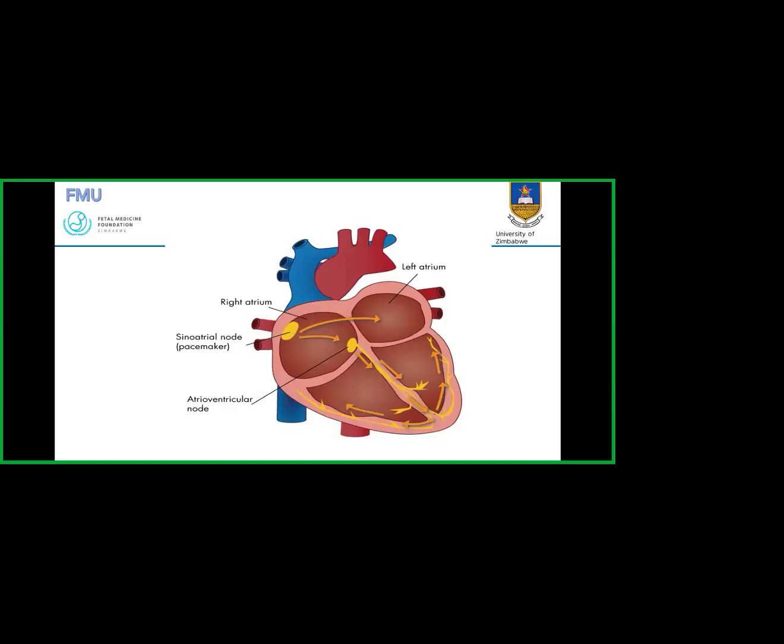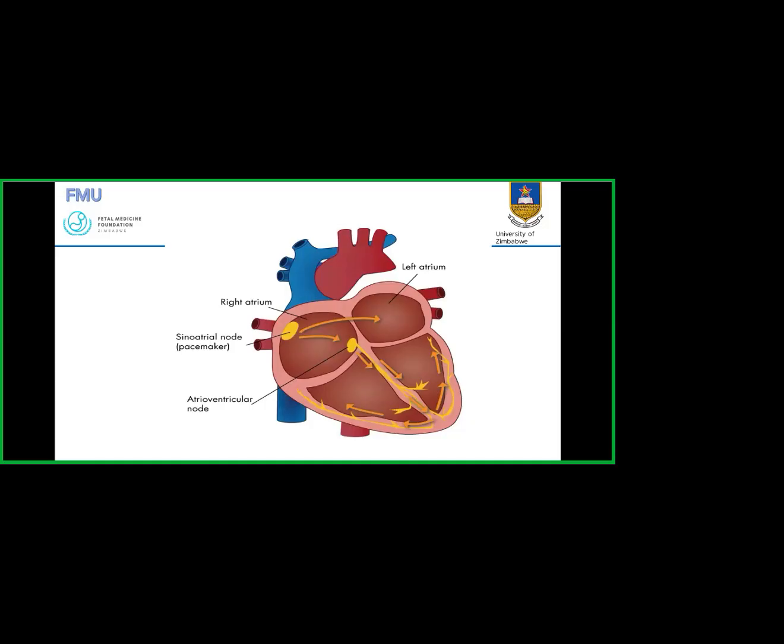In the developing fetus, initial beating is noted between 3 to 4 weeks, and at around 5 to 6 weeks, the SA node begins its function with a rate of between 100 to 120 beats per minute, and it peaks at 9 to 10 weeks at around 170 to 175 beats per minute.